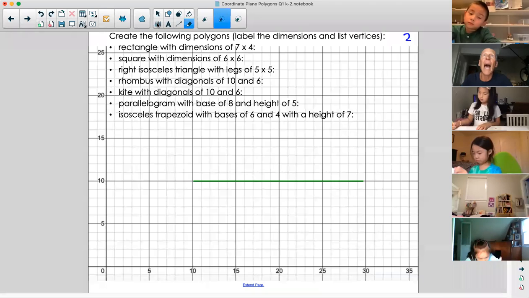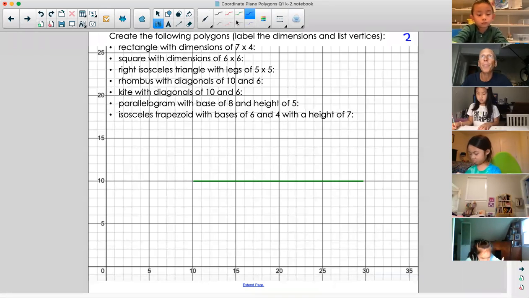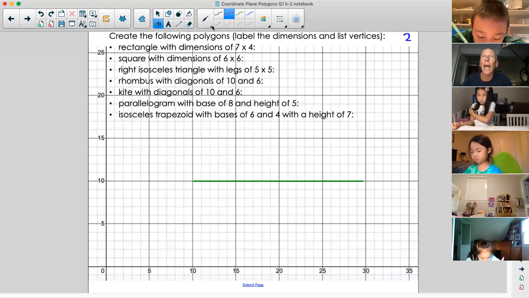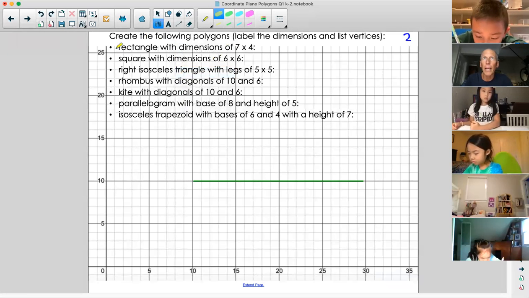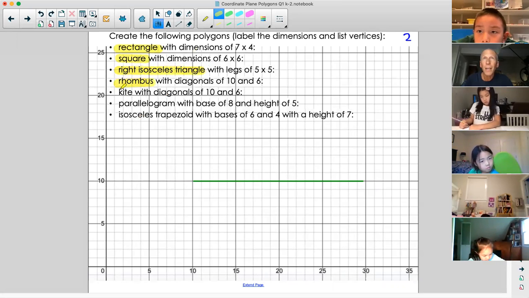Now, I'm going to actually highlight them for you on the page. So I'm going to take my yellow highlighter and highlight rectangle, square, right isosceles triangle, rhombus, kite, parallelogram, and isosceles trapezoid.